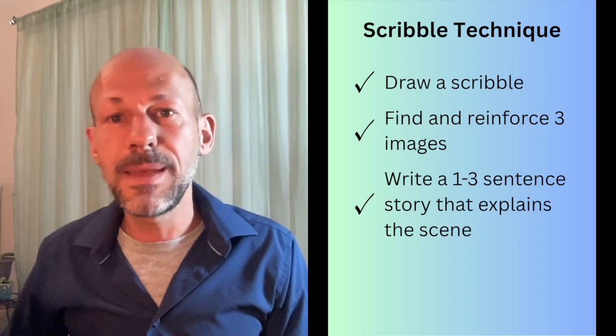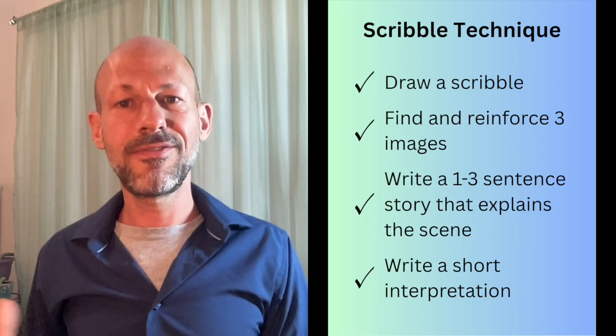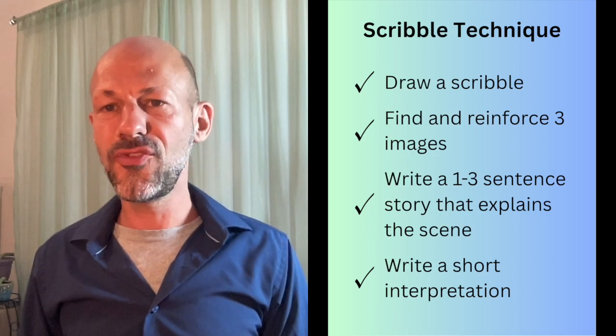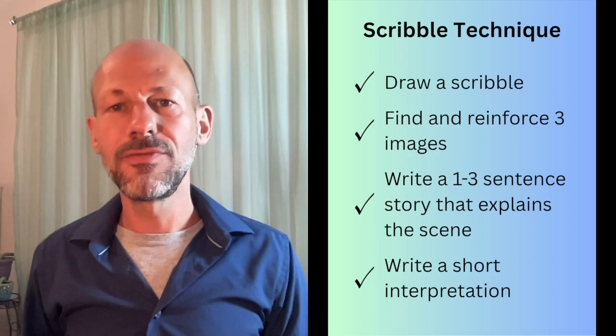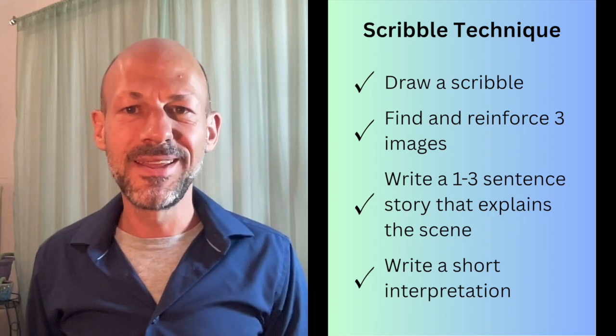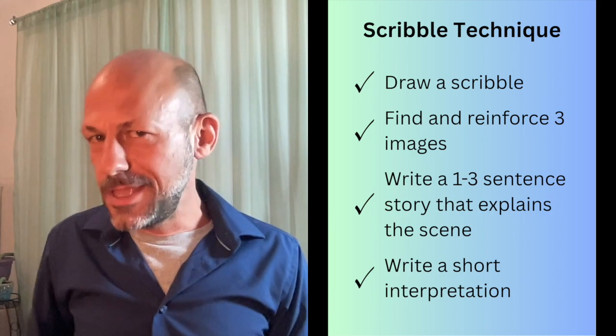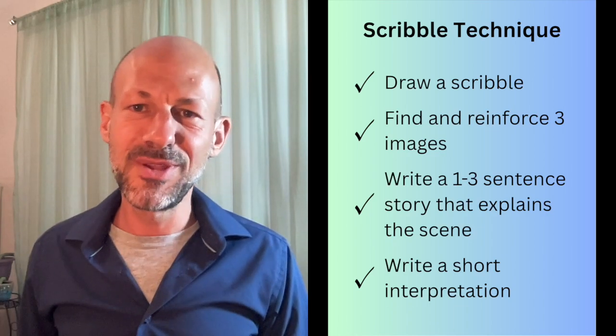And now finally, step 4 would be to interpret this story. In other words, what might this story symbolize about where you're at psychologically right now? This is where the analytic part comes in. But here again, just the first thing that comes to your mind is going to be good enough.